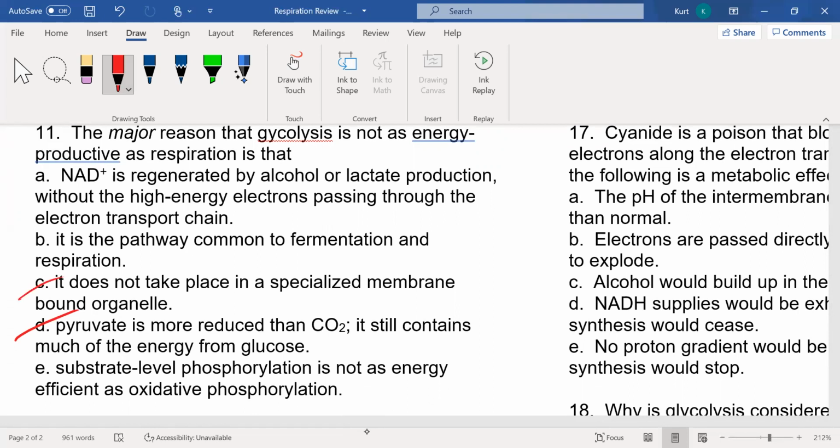C is a fact, but that's not the reason. It is a pathway common to fermentation and respiration. That's a fact, but it's not the reason. NAD plus is regenerated by alcohol or lactic without the high energy electrons. It's E.